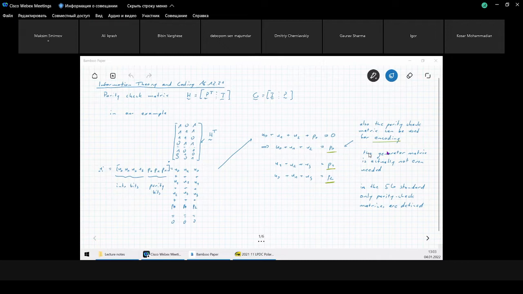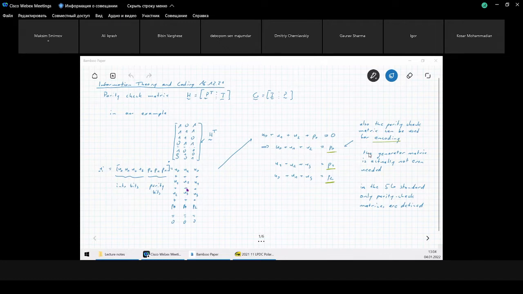They are not interesting. Everything is done only by using this parity check matrix. So we can multiply it with the received sequence and check if the received sequence is a valid code word or not. Or we can also use the parity check matrix for the encoding procedure, as we have seen here.